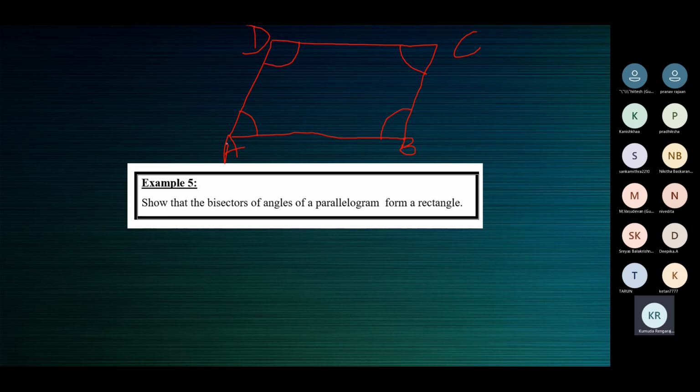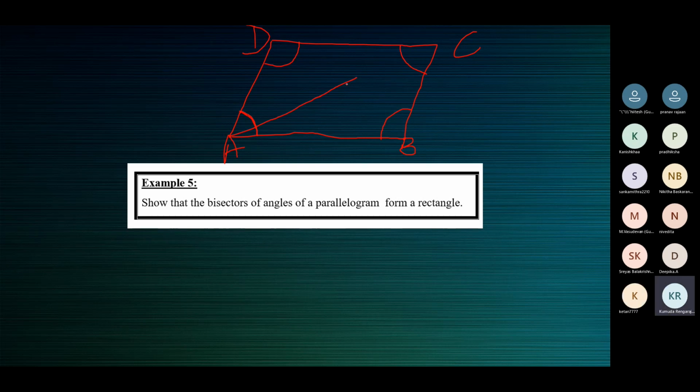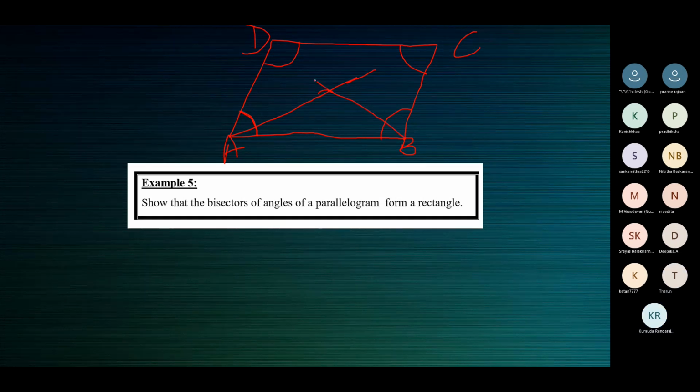The bisectors of the angles. So this is angle A, and this is the bisector of angle A. This is angle B, and this is the bisector of angle B. This is angle C, and this is the bisector of angle C. And this is angle D, and this is the bisector of angle D. Now we can see a quadrilateral enclosed by the bisectors.